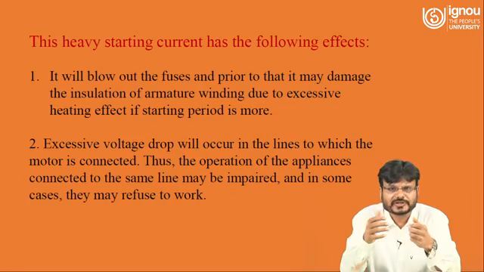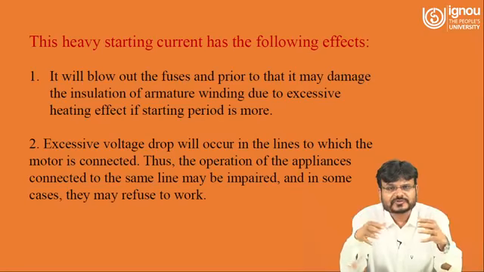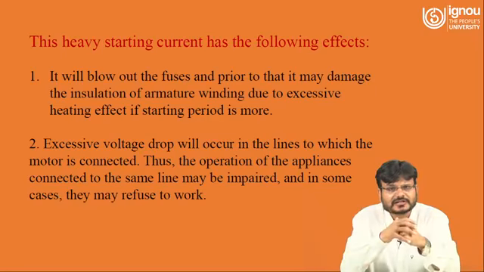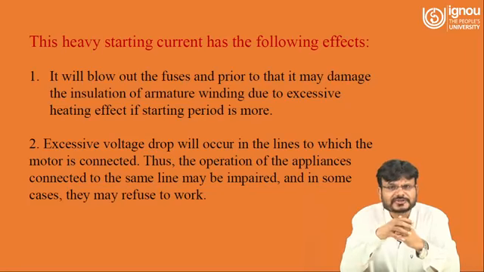At the same time, because the current is flowing in the armature winding, huge heat will be developed and it will burn out the armature winding as well as the fuse used in the DC motor. The other effect of this heavy current is what?